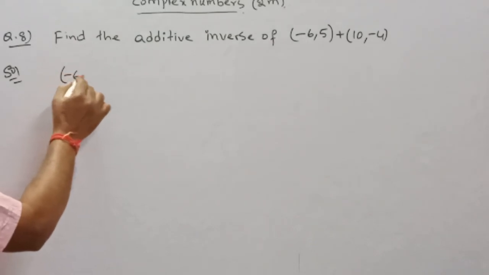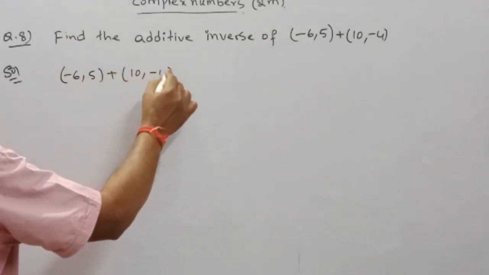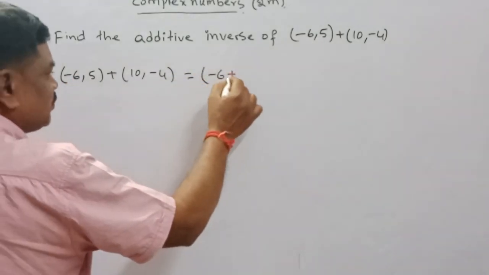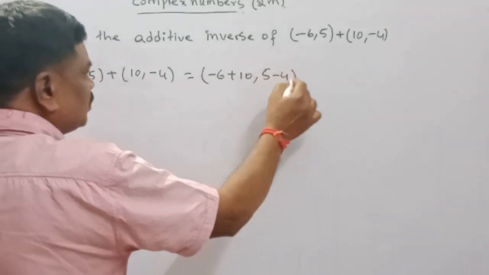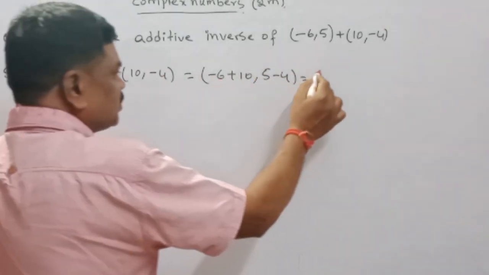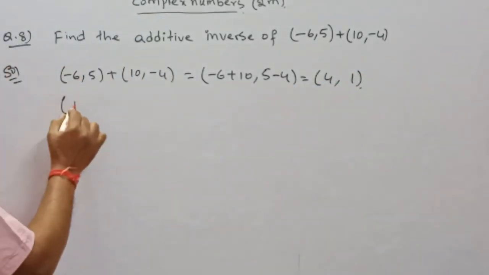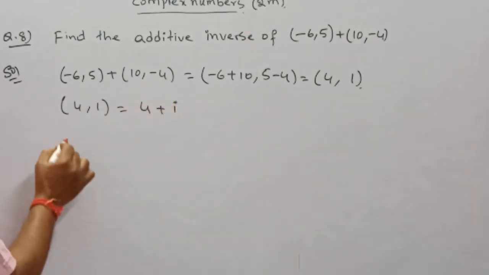Minus 6 comma 5 plus 10 comma minus 4 is equal to minus 6 plus 10 comma 5 minus 4, which is 4 comma 1. So 4 comma 1 is equal to 4 plus i.